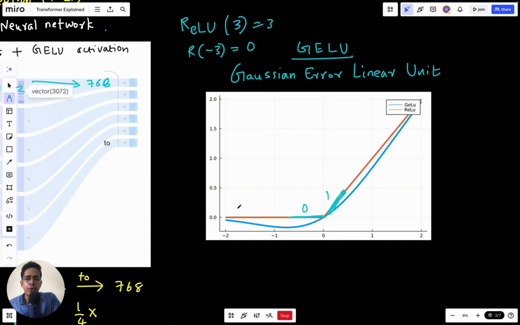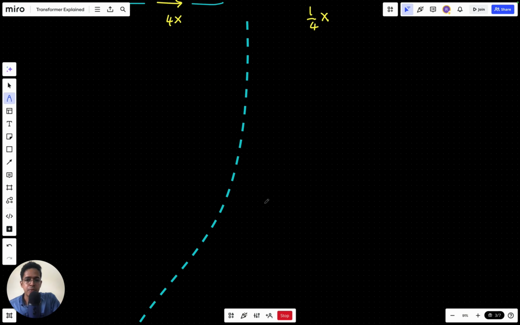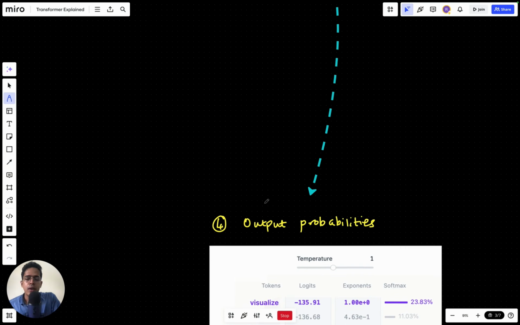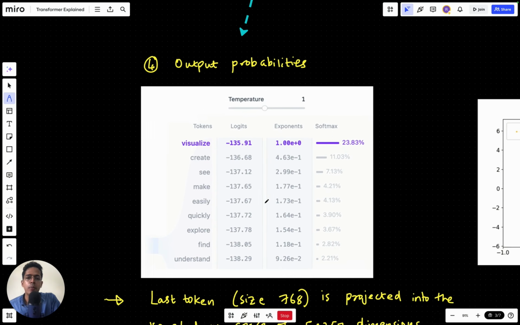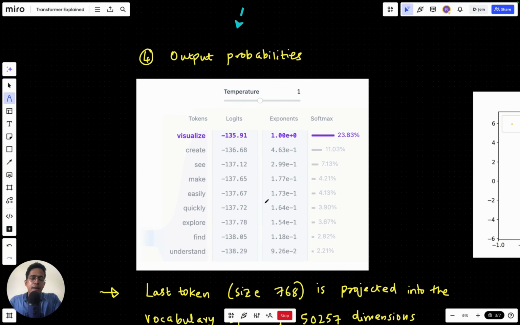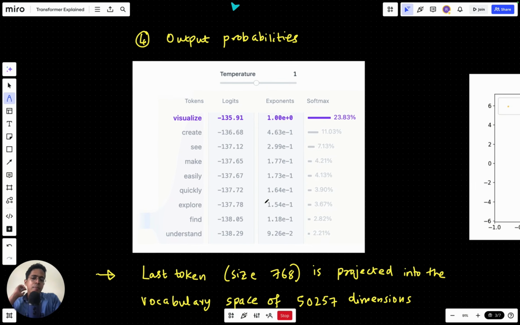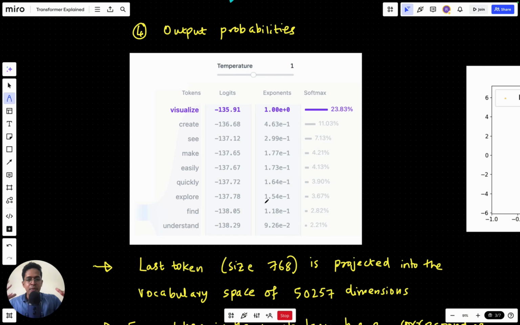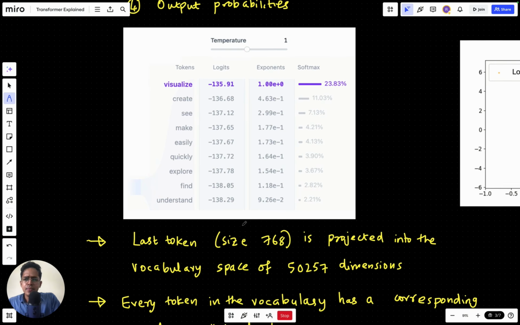I want to go into the prediction part now, prediction of the next word. So now, how is the output probability predicted? Meaning, if there are 50,257 words within the vocabulary from which you can choose what should be the next word, how do you choose this next word? So first, something called logits is created, and for this, only the last token is used.